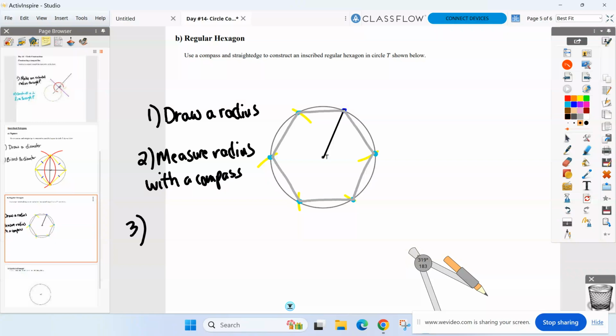So let's see, draw radius, measure radius with the compass. Construct 6 arcs that are the length of the radius.